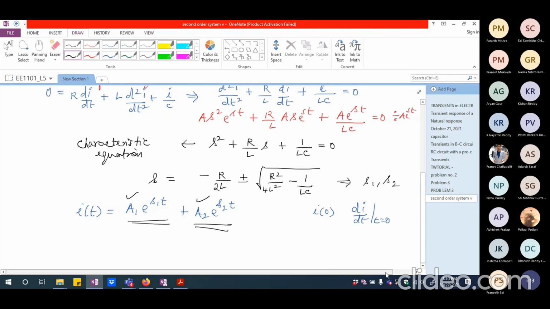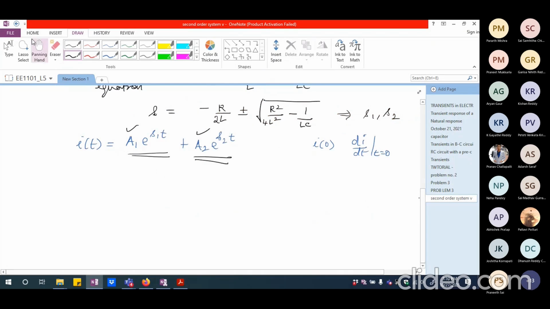Now there are three specific situations which can arise here. The first situation is when R square divided by 4L square is greater than 1 by LC.